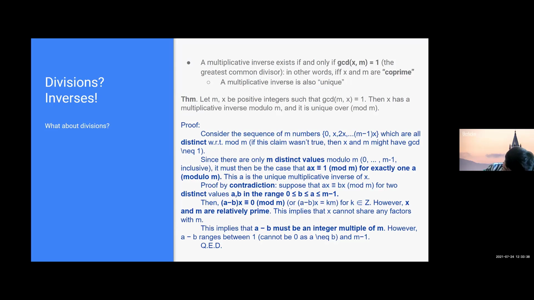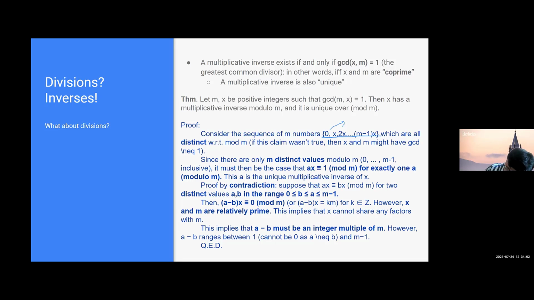So if you consider this sequence 0, x, 2x, up to (m minus 1)x, these are all distinct with respect to mod m. We are saying these are distinct because we already set up that the greatest common divisor between m and x is 1. So you already know that there are m values, because the numbers in front of x are 0, 1, 2, up to m minus 1 inclusive.